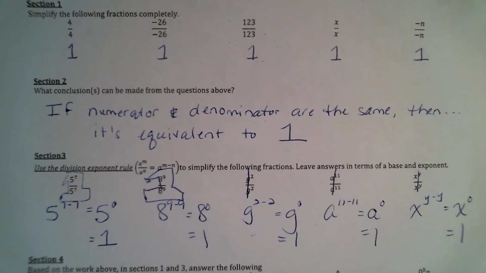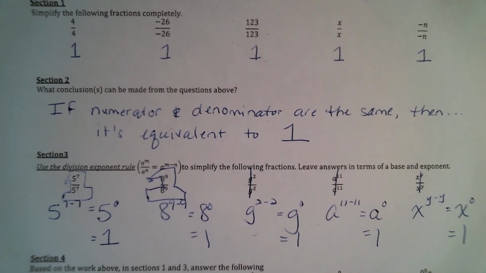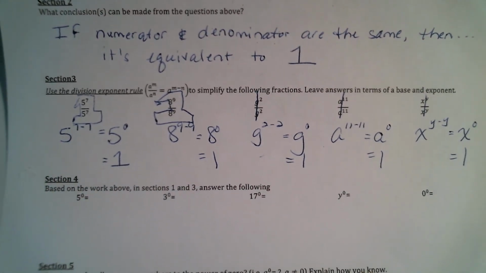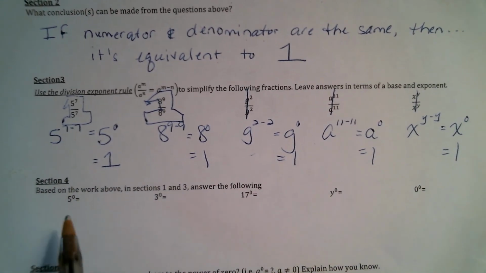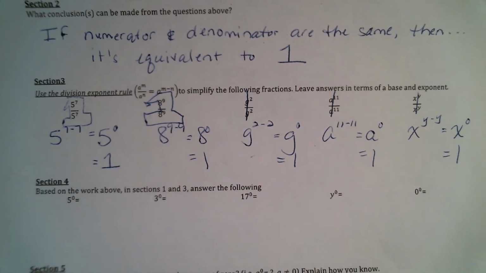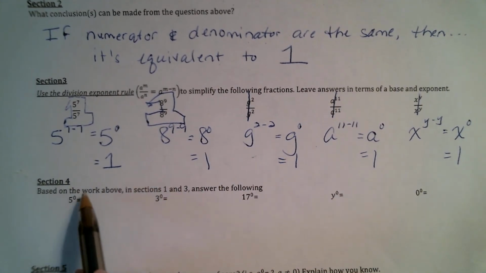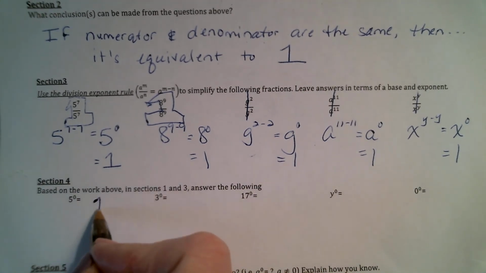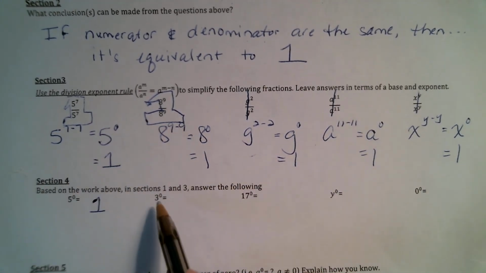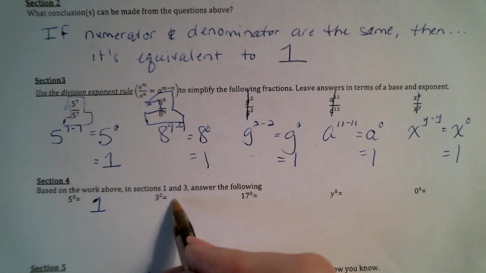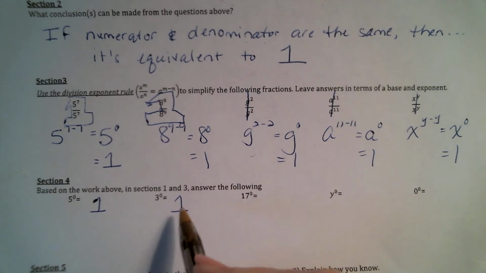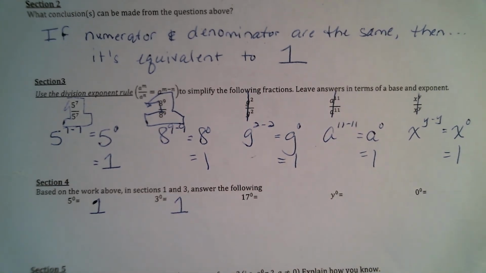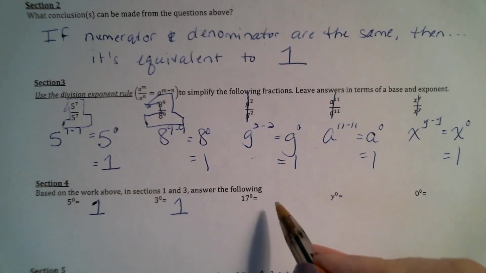All right, so think about what we've just discovered. Let's say you were asked, based on what we just discussed, just tell me what 5 to the 0 power was. 1, right? How about 3 to the 0 power? Meaning the exponents that would be there would be the same on the numerator and denominator.